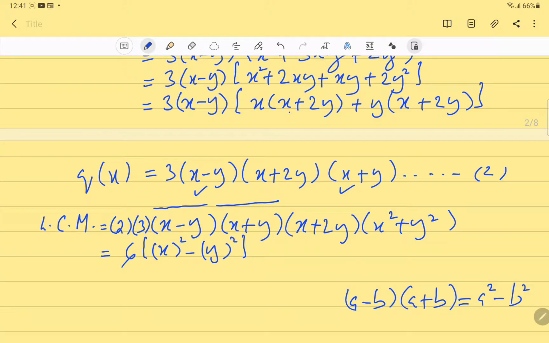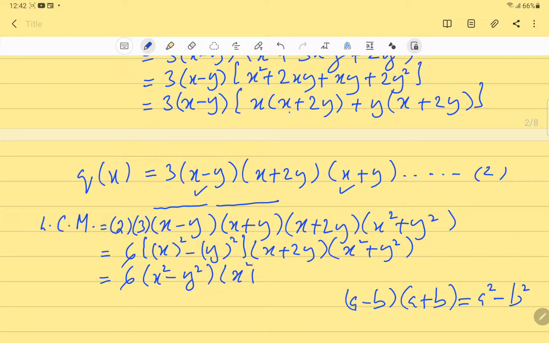So similarly we have written here x squared minus y squared. Then we have x plus 2y into x squared plus y squared. We will slightly rearrange it also: 6 into x squared minus y squared into x squared plus y squared into x plus 2y.